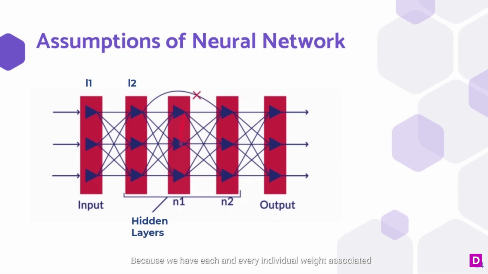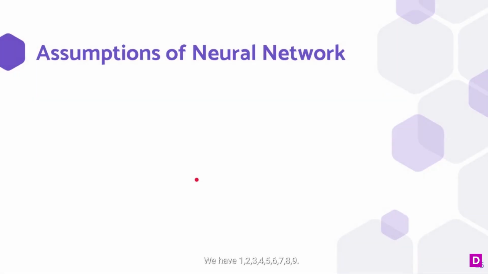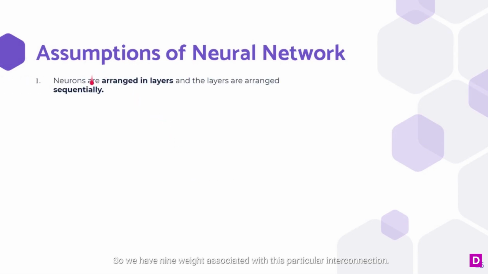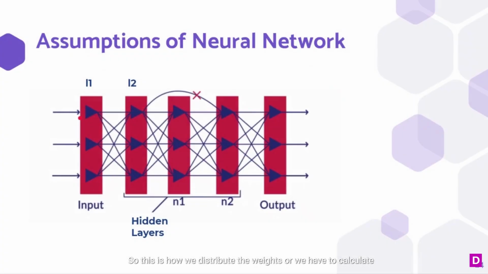Because we have an individual weight associated with each and every interconnection. So how many weights can we see in this particular connection? We have 1, 2, 3, 4, 5, 6, 7, 8, 9. So we have 9 weights associated with this particular interconnection. This is how we calculate the number of weights.